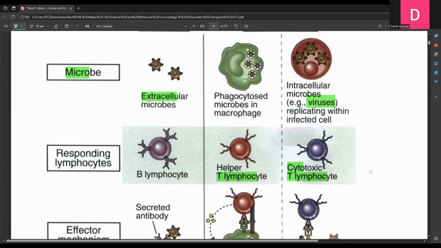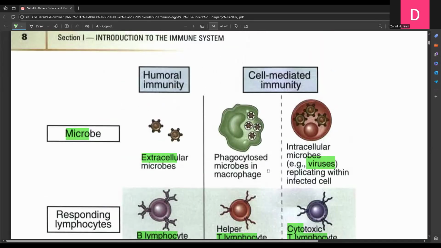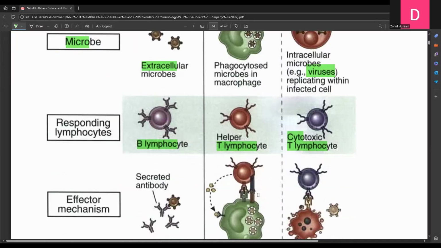They play an important role. So in cell-mediated immunity, TH cells and TC cells will take part.